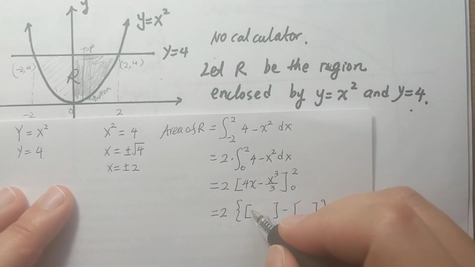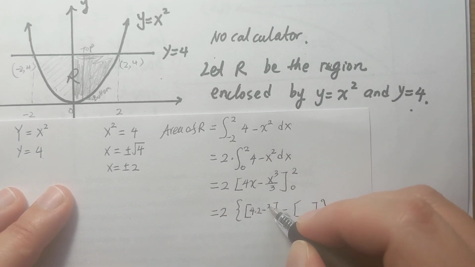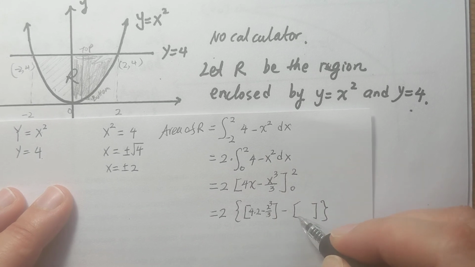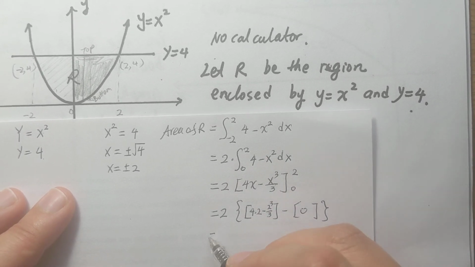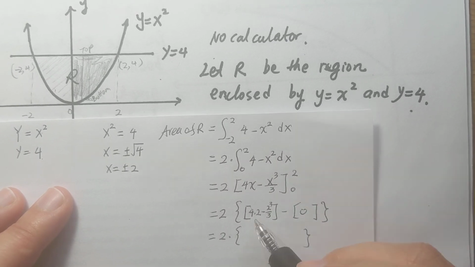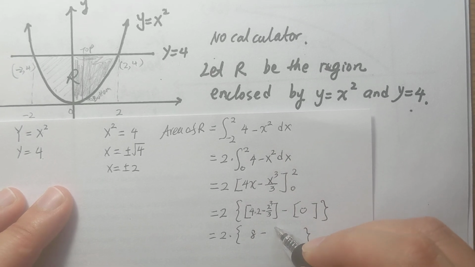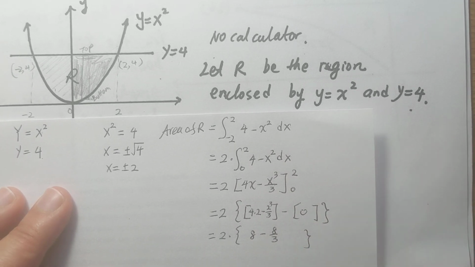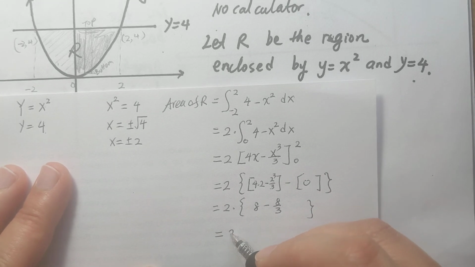So over here we got 4 times 2 minus 2 to the third power over 3, and minus 0. And then you get 2 times. This is going to give you 8 minus 8 over 3. Then I'm going to continue.